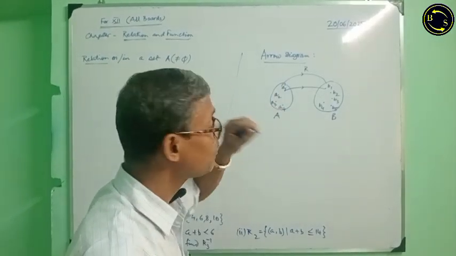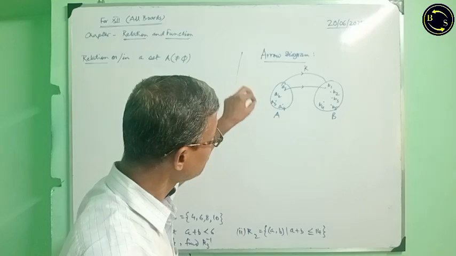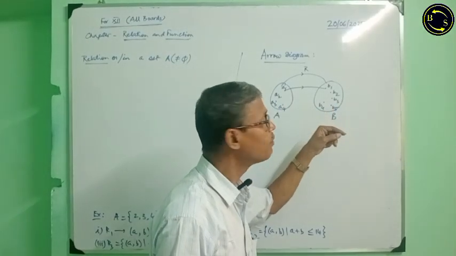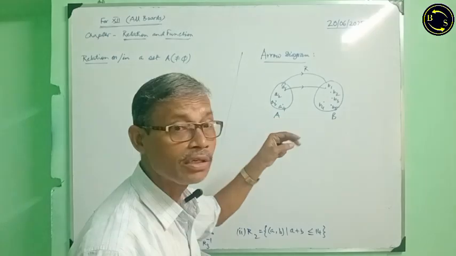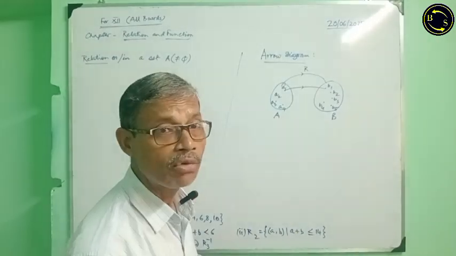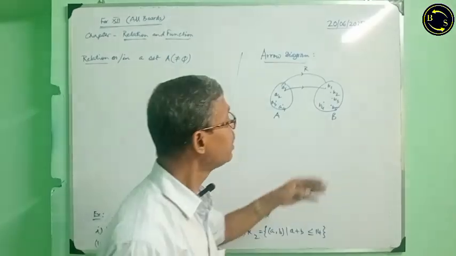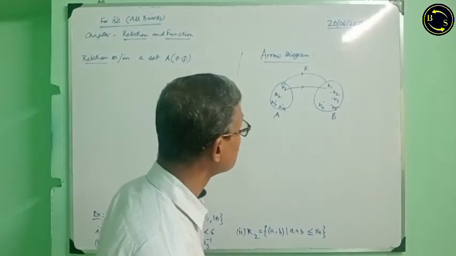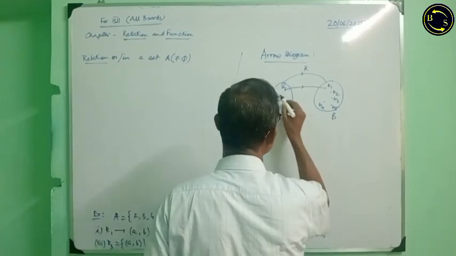A1, A2, A3, A4 are represented by dots, B1, B2, B3, B4, B5 are represented by dots, and by the side A1, A2, A3, etc. and B1, B2, B3, B4, etc. are mentioned.